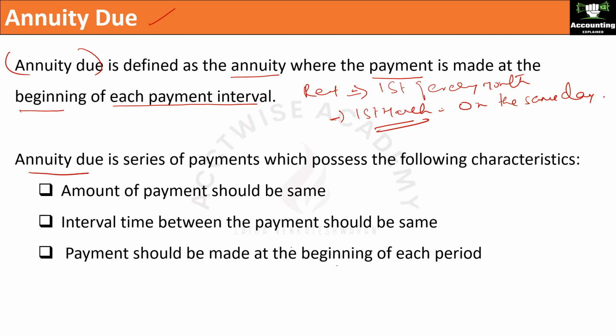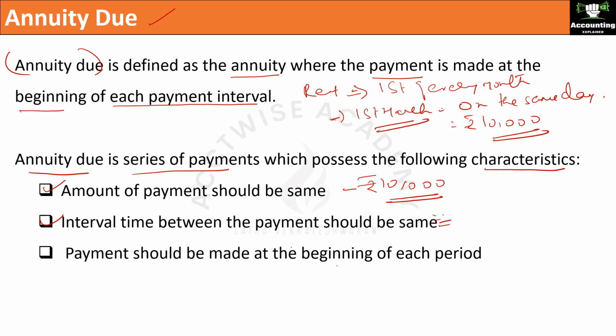Annuity due is a series of payments which possess the following characteristics. What are they? Amount of payment should be same. Suppose the rent is rupees 10,000, then the amount of payment is 10,000 and it is same throughout the period till you occupy the house. Interval between the payments should be same.